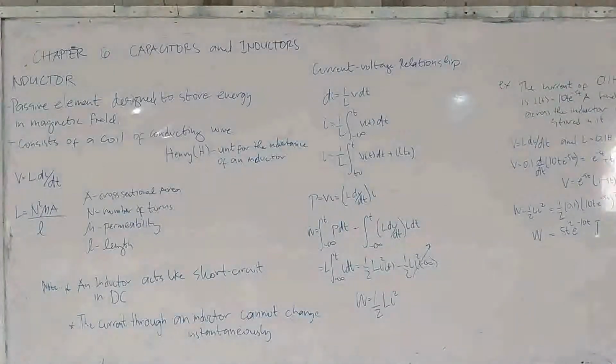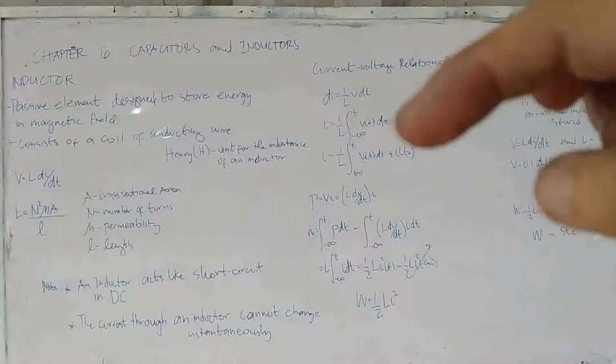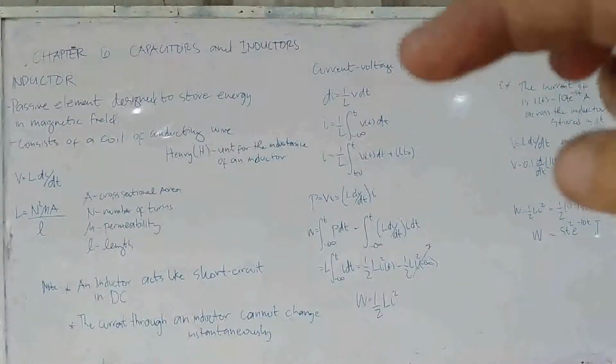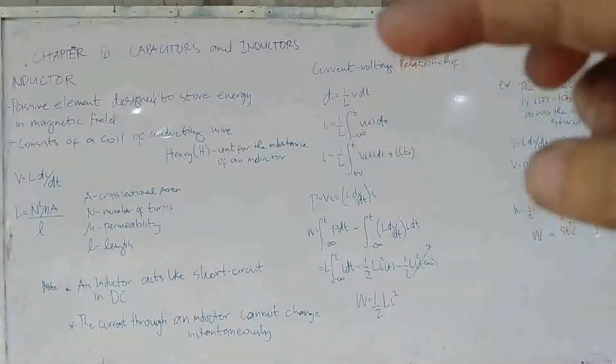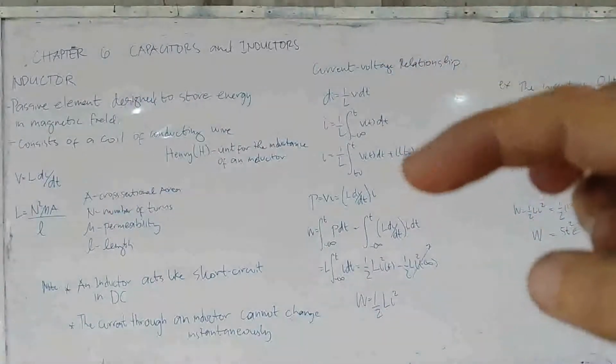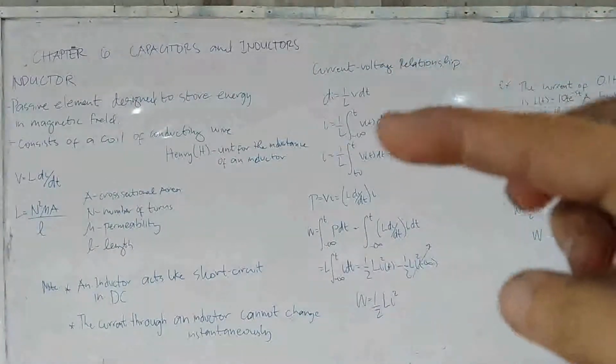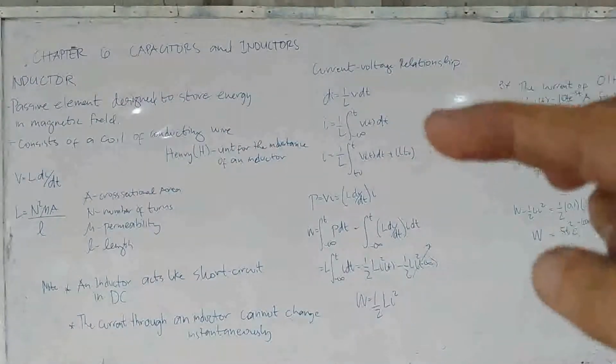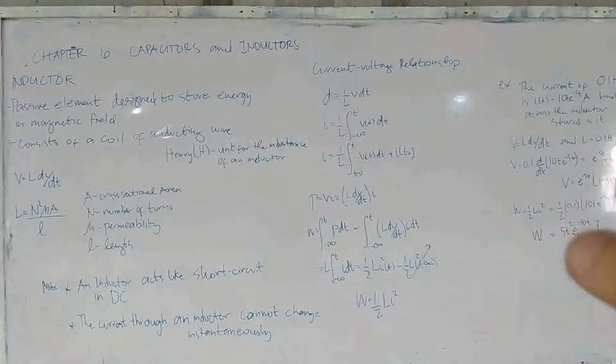So we integrate from di, integrating 1 over L from negative infinity to t of v dt. So this is what you derive for the current if the equation of the voltage is given.